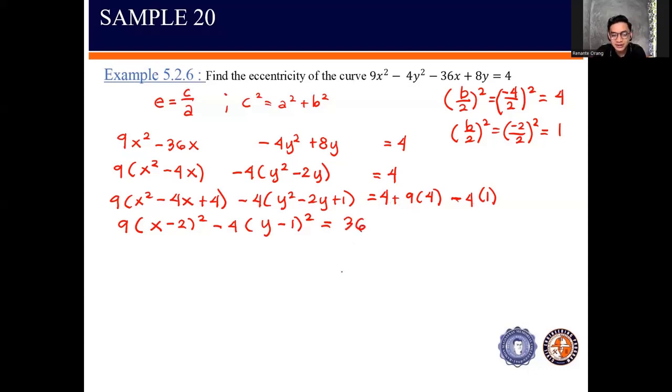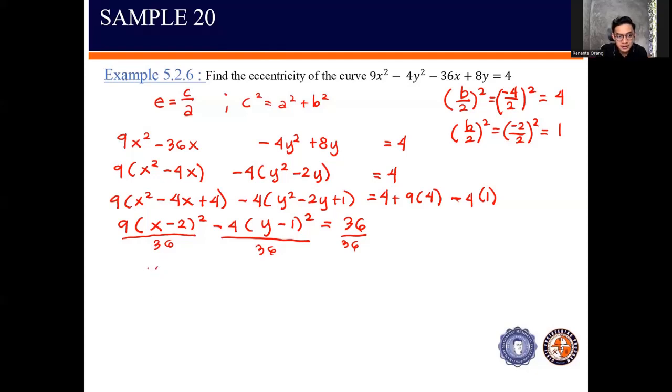So we have 36. Again, next thing and last thing that we need to do is dapat 1 yung sa other side. So therefore, we will divide everything by 36. Ito divided by 36. And this is also divided by 36. So paki-calculator po. Ayan, calculator natin. 9 divided by 36 is equivalent to 4.